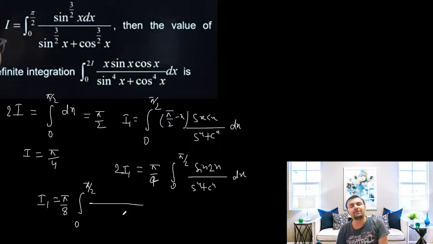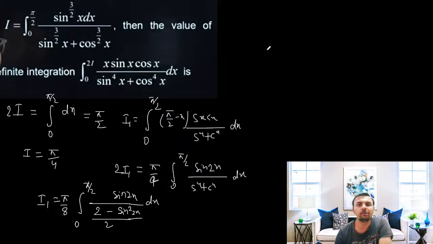We will divide by 2, multiply with 2: 1 minus sine square 2x upon 2, sine 2x dx. Moving ahead, this 2, this 4 will go. So we can say 4 by pi I1, 0 to pi by 2.